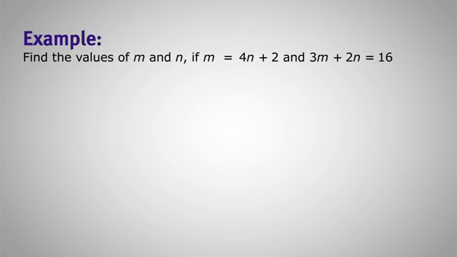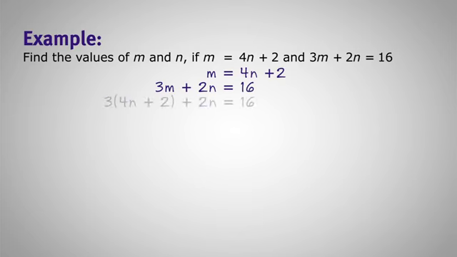Now notice, in our two equations, we already have one equation solved for a variable, the first one, m equals 4n plus 2. Since we already have that equation solved for m, let's use that expression and plug it into our second equation. Plugging it in, we get 3 times the quantity of 4n plus 2 plus 2n equals 16.